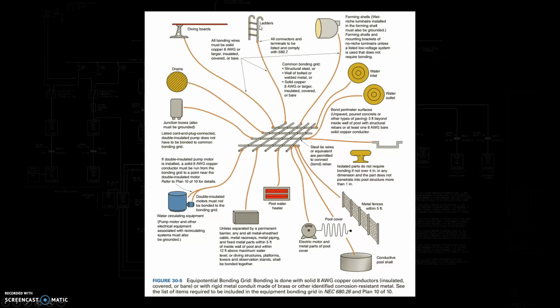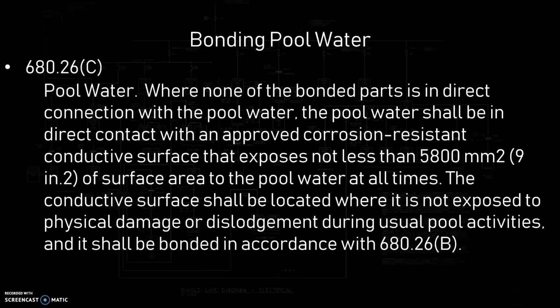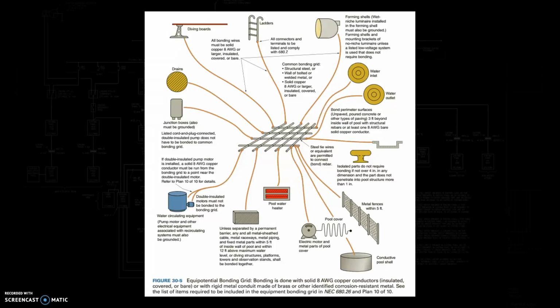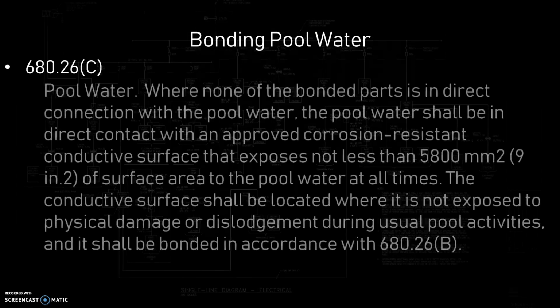That's going to be in contact. But on the off chance that none of these things are in contact, we now have to bond our pool water with 9 square inches of some type of metal conductive material. I've never seen an instance where you didn't have one of these items in contact with your pool water. But in the case that there's not, we need to be sure that the pool water is bonded. And you can imagine why that's pretty important.